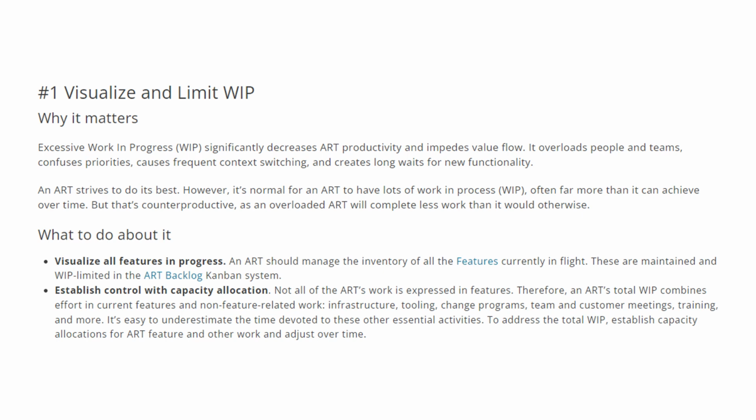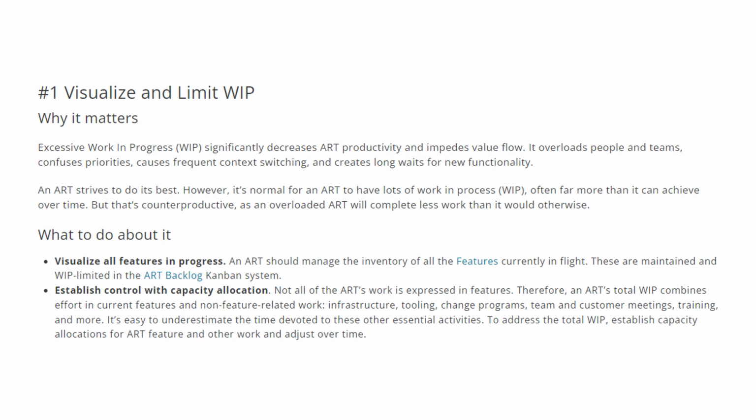So, what do we need to do about it? As a change leader or as a value stream manager, you need to visualize all the features in progress. An ART should manage the inventory of all the features currently in flight. These are maintained and WIP limited in the ART backlog Kanban system.